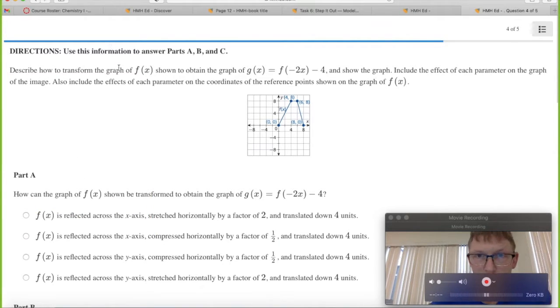Okay, so looks a little bit more fun. Describe how to transform the graph f of x shown to obtain the graph g of x equals all of that, and show the graph including the effect of each parameter of the graph of the image. Also include the effects of each parameter and the coordinate of the reference points shown on the graph.